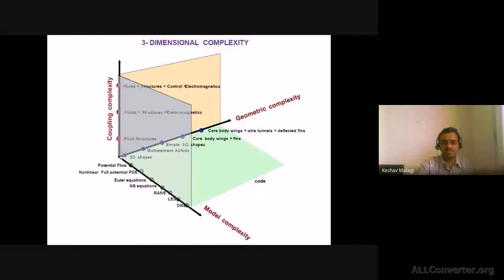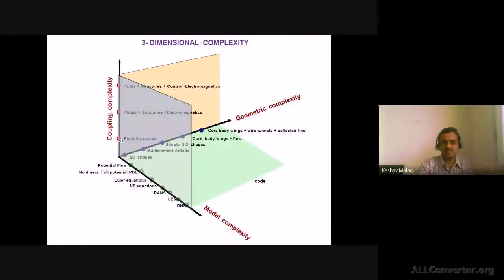So you have CFD here, then you have fluid structure interaction, then you can have electronics also interacting with it. Then this is called aeroelasticity, then aeroelasticity with stealth, aeroservoelasticity with stealth. All such issues come up. And now in modern times, one more axis has been added to this figure, that is the hardware complexity.